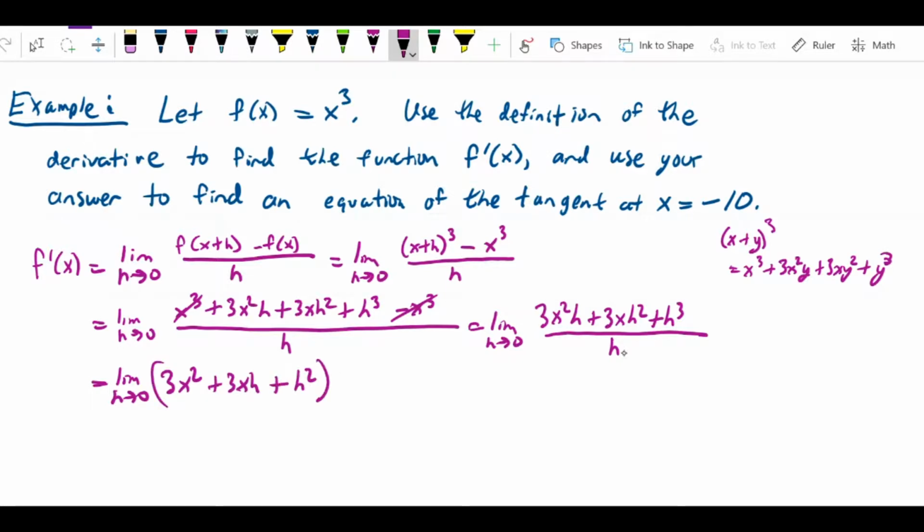And by the way, keep in mind, the reason I can just divide everything by h is because as we're approaching 0, recall that the one value that we do not care about is h equals 0 itself. So this division by h is valid for all values other than 0, but even though h is approaching 0, it never gets there, so I don't care what happens at h equals 0. Now I'm ready to do substitution, so this is going to be 3x squared.